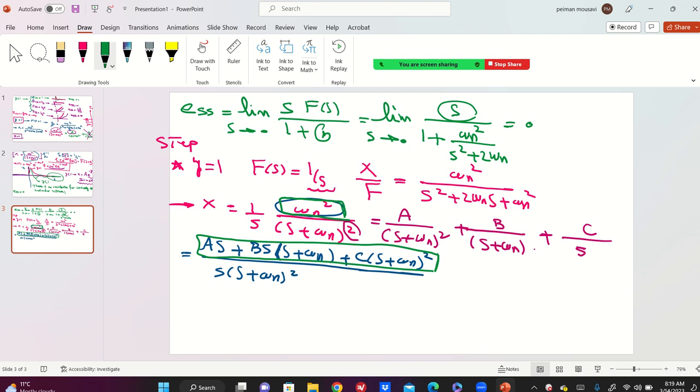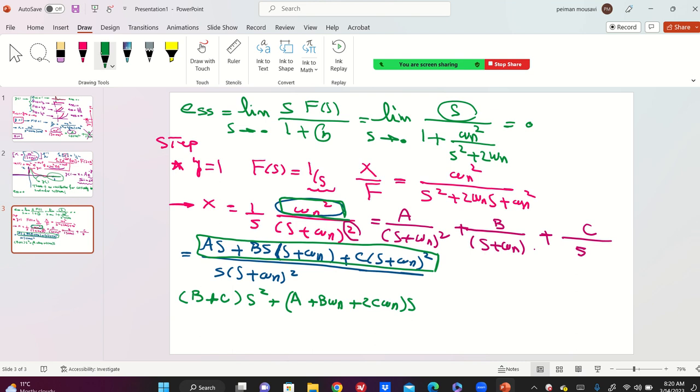You have one s squared here with B, one s squared here with C. You have one s here: A plus B omega n, and plus 2C omega n at s, right?